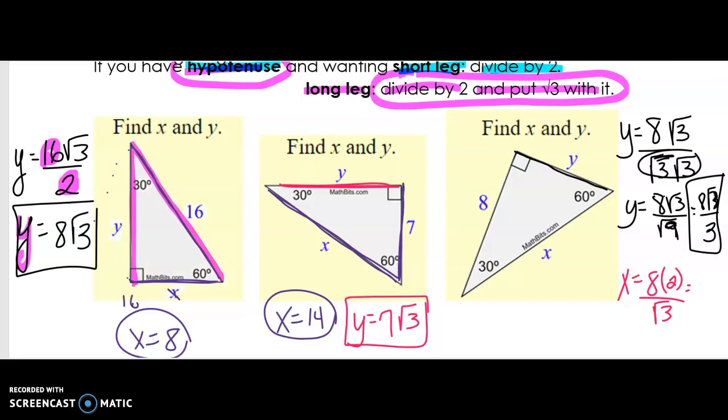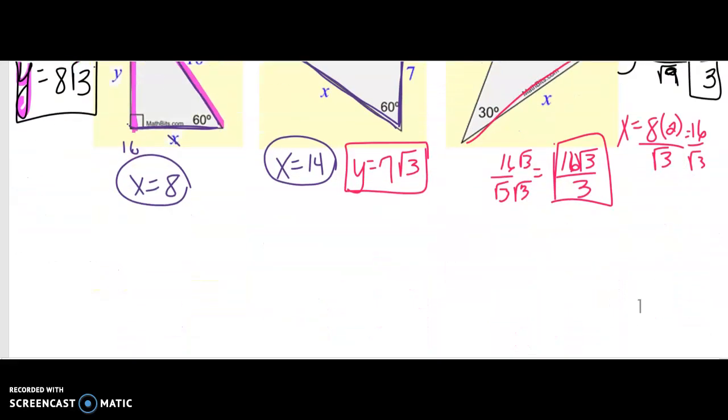So this would be 16 over square root of 3. We cannot leave a square root of 3 on bottom. So whatever it is, we multiply by square root of 3 over square root of 3, which is 16 square root of 3 over 3. So that's what the hypotenuse would be. It's kind of yucky, kind of gross, I know. I'll help you with it.